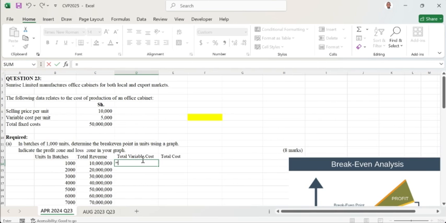Caro, what is the cost per unit for the variable cost? 5,000. Now, I multiply 5,000, so I should keep this fixed, with the 1,000. Are we okay, guys?